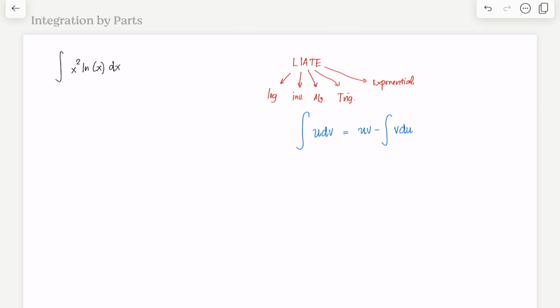LIATE, where L stands for logarithmic, I stands for the inverse trig, A is for algebraic, T for trigonometric function, and E is for exponential function. This tells you the order with which the part or component of the integral will be taken as your u.